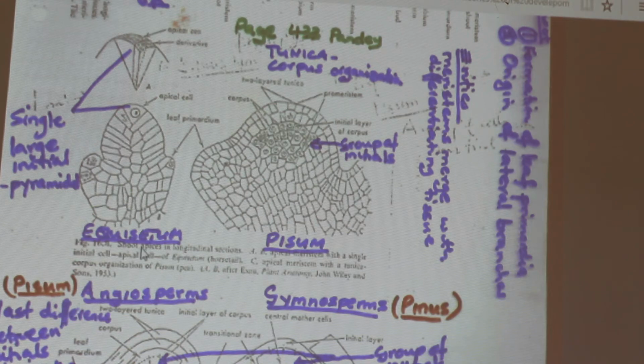And here we have Equisetum, which is an example of a pteridophyte. In Equisetum, we can see that the cells here seem to be coming from this cell. The cells that come out here, if this were your pyramidal bread, you slice it like that, you get these cells.